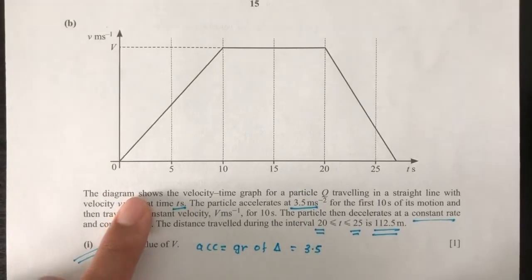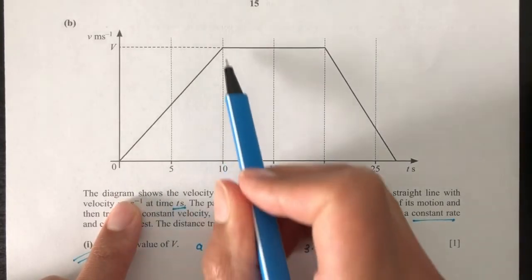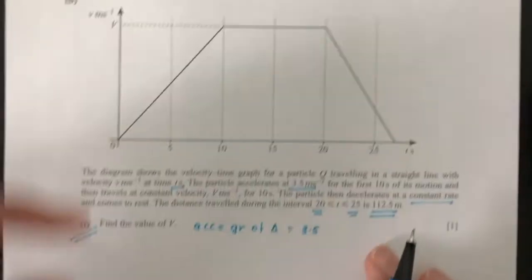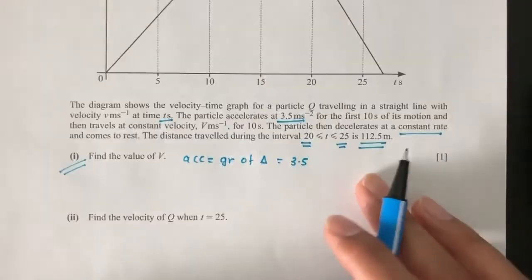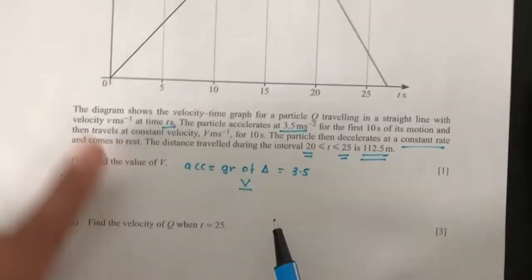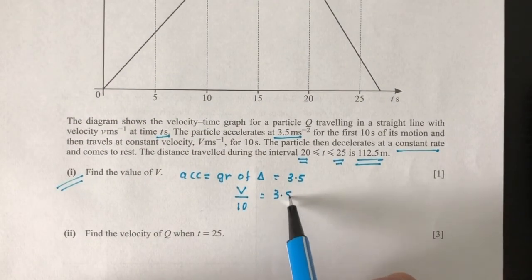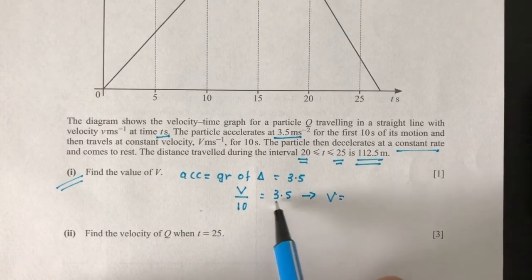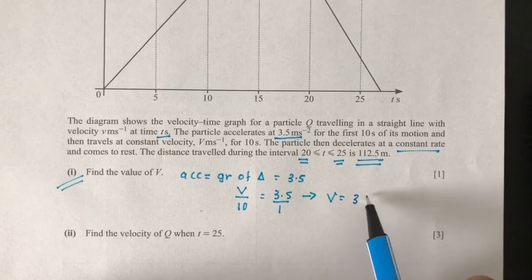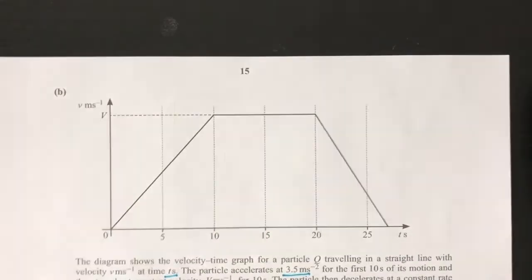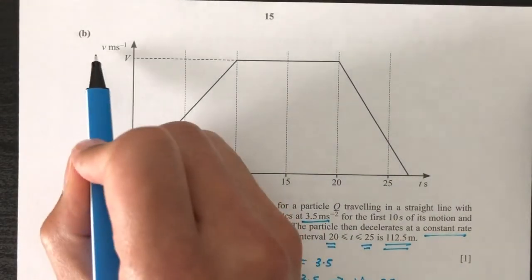As you can see here, we have a triangle. So gradient will be the height by the base. Height here will be v divided by base, which is 10, equal to 3.5. So v will be, by cross multiplying, 35. So let's write this down here, 35 for the value of v.